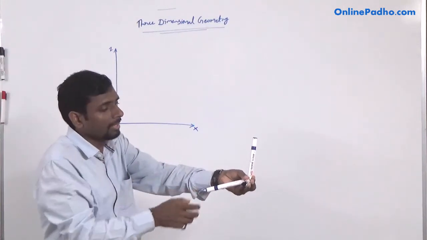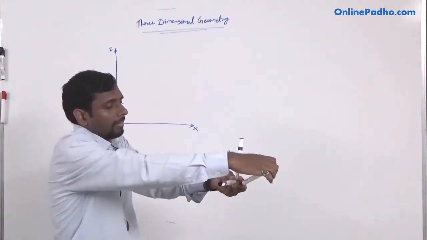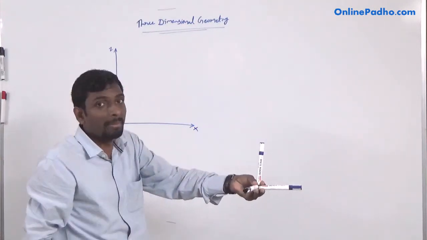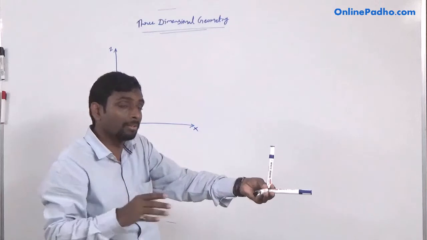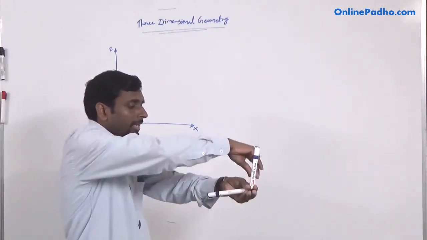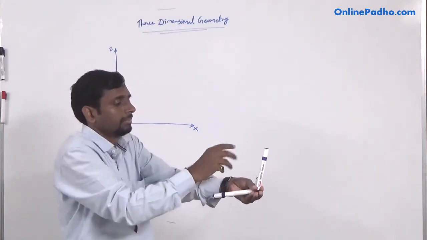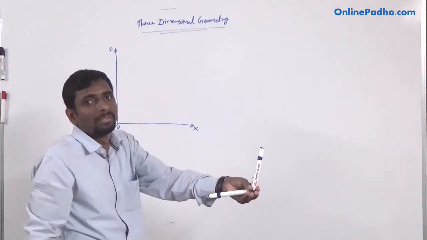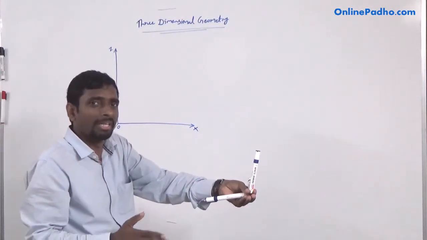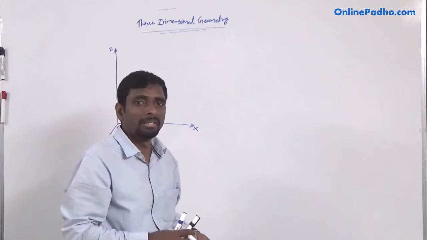If you have a point like minus 1, minus 2, 3, it means x is negative and y is also negative. This octant is called X'OY'Z. X and y are both negative and z is positive, right?